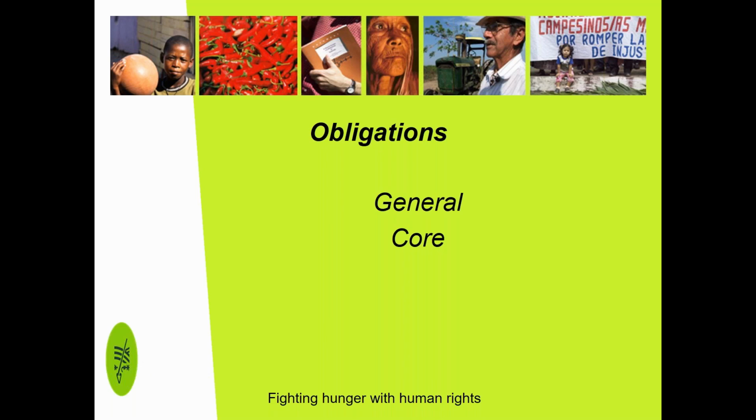So this requires, if someone has to be held accountable, there are some aspects which we call here obligations, to be looked at when you're making a human rights analysis.